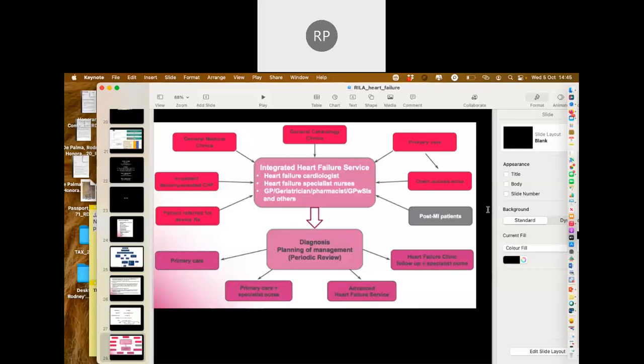One example is an oral calcium resonium binder that can prevent hyperkalemia, which is often one reason why spironolactone and ACE inhibitors or Entresto can't be escalated further, because the potassium starts rising, and obviously hyperkalemia is dangerous.